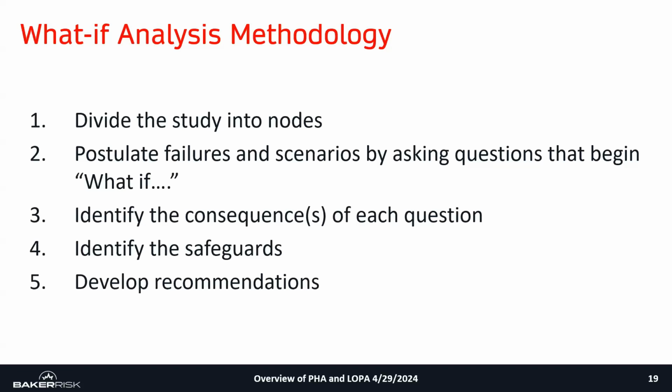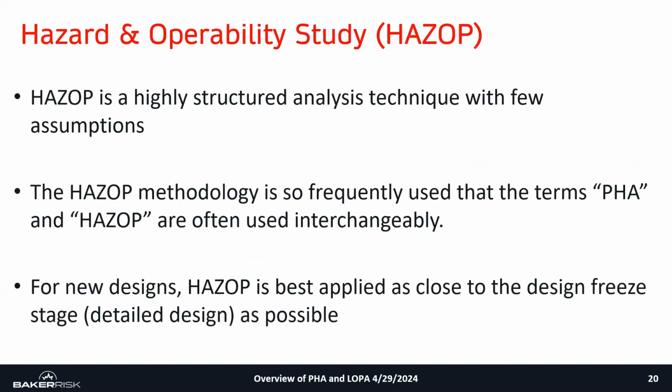And the team brainstorms and postulates failures and scenarios by asking what if. So for instance, what if this valve fails closed? What if this valve fails open? They'll generate a list of what-if questions, and then they'll go through each of them individually and identify the potential consequences for each scenario. With that, they would identify safeguards that would prevent or mitigate the consequence, and then as needed, develop recommendations.